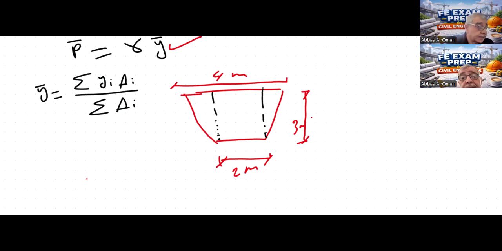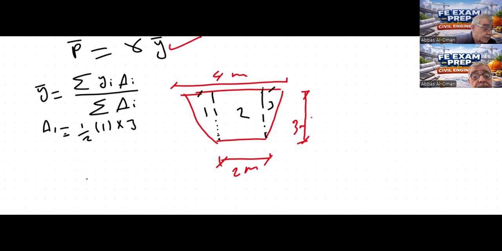Now let's first get the areas. So we have area 1, area 2, area 3. Area 1 is a triangle. The width is 1. This is all 4, so this is 2, so this is 1, and this is 1. So the area of the triangle is half the base, which is 1, by the height, which is 3.